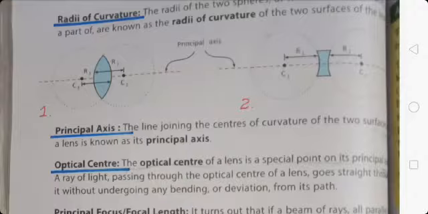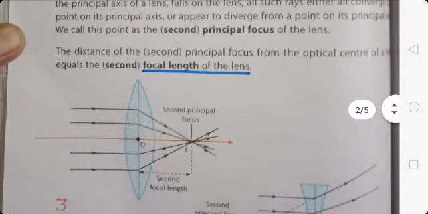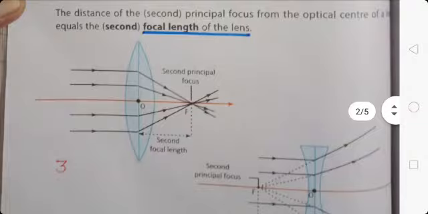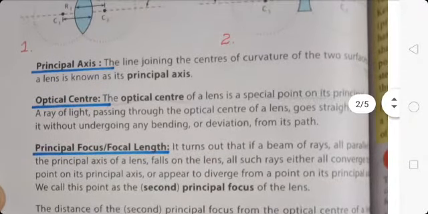Then optical center, I have already told you about the optical center. You can see the diagram here and O is written over here. This O is at the center and this is known as the optical center. The optical center of a lens is a special point on its principal axis.